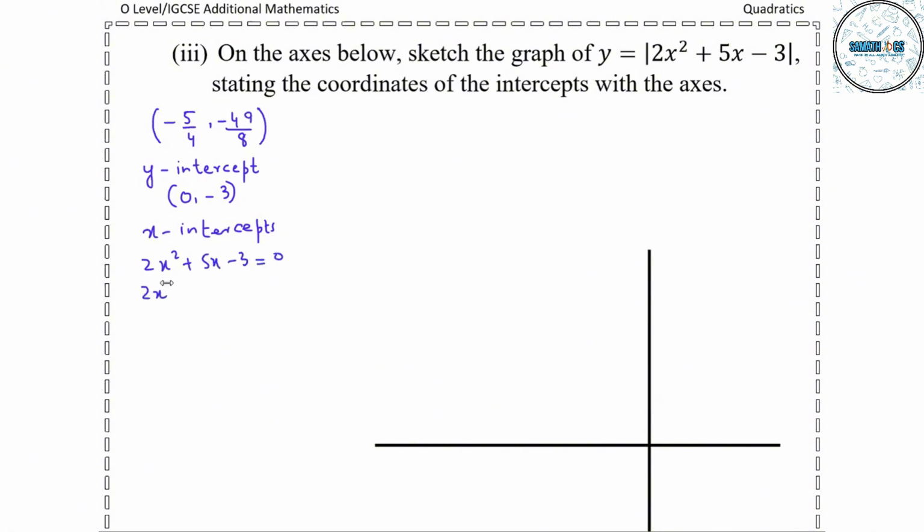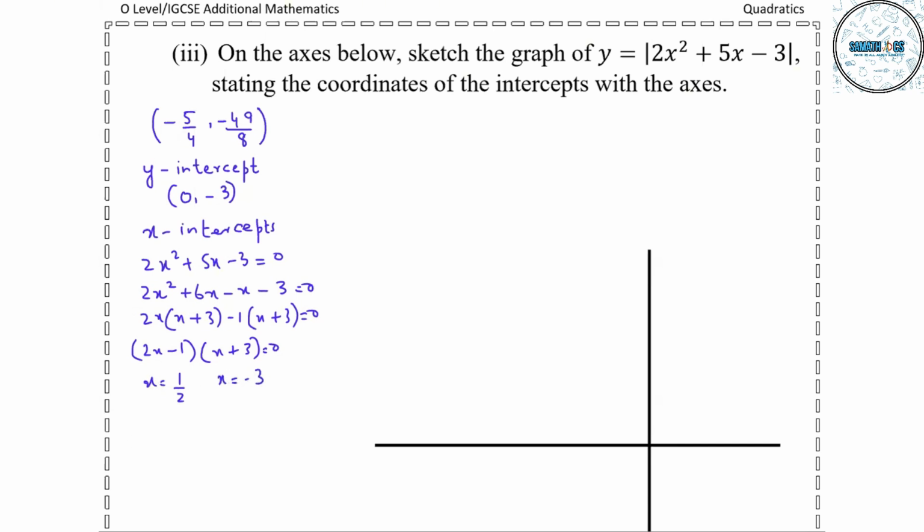We'll have here 2x squared plus 6x minus x minus 3 is equal to 0. 2x is common, x plus 3, minus 1 is common, x plus 3 is equal to 0. So we have (2x minus 1) and (x plus 3) is equal to 0. So we have two values of x: x is equal to 1 upon 2 and x is equal to minus 3.